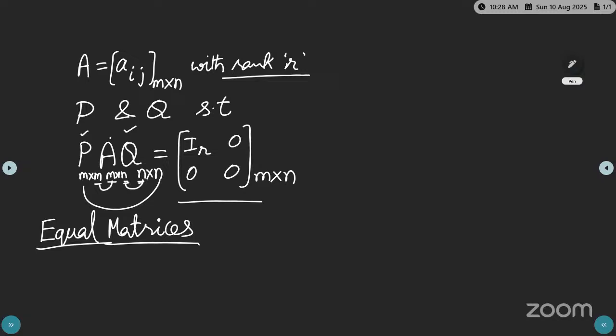You know much about equal matrices. So A equals B, this is the symbol that we are using: A, B are of the same order and the elements in the similar positions are same.